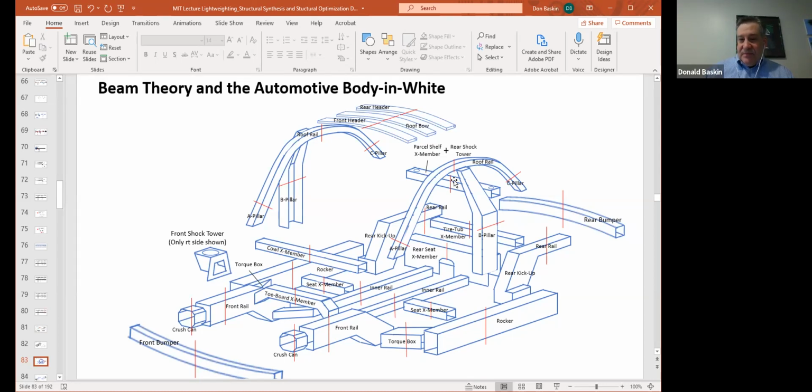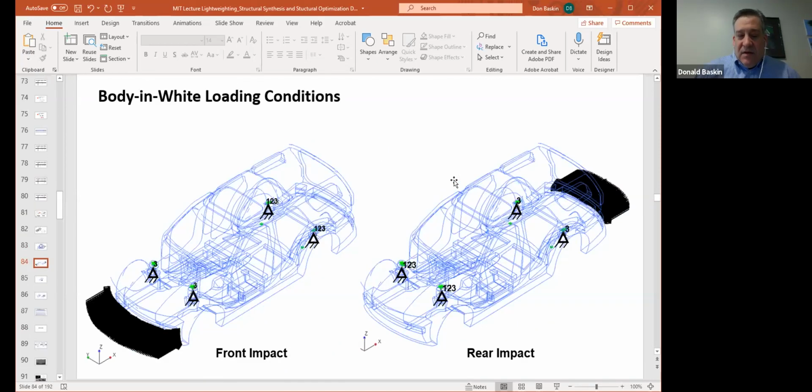Looking at some of the global loading conditions that I've already mentioned most of here, I'll just go through them again to make sure. These are the main loading conditions that are used to design the body structure. The front and rear impact are probably some of the most challenging.